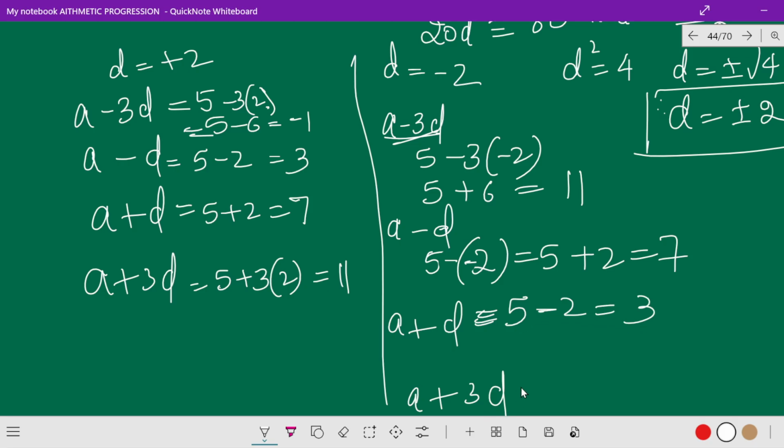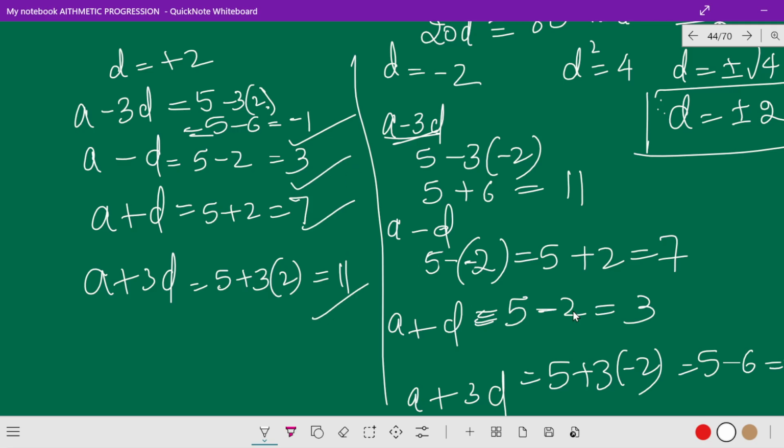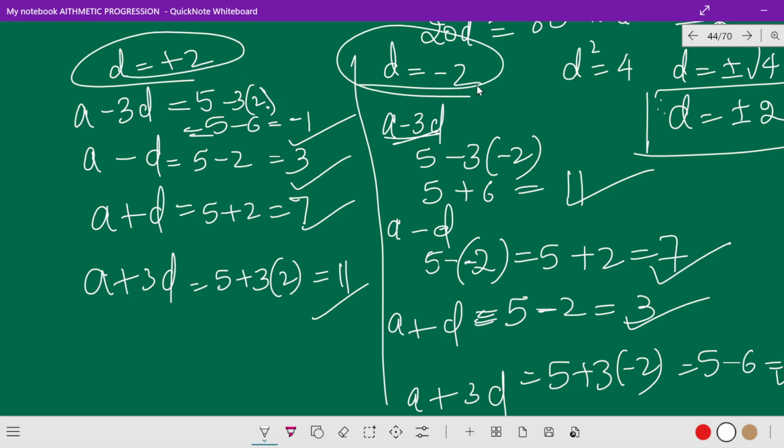The answer is 3. A plus 3d, 5 plus 3 into minus 2, the answer is 5 minus 6, which is minus 1. You see, minus 1, 3, 7, 11. So when you take plus 2 and minus 2, the answers will be reversed.